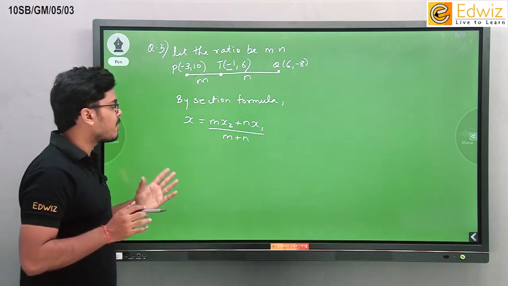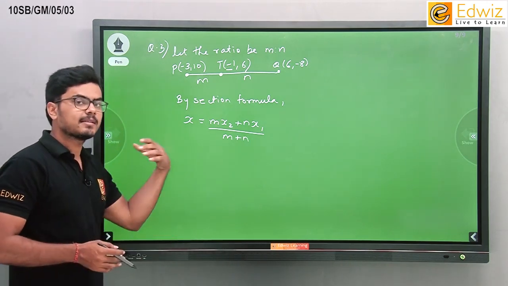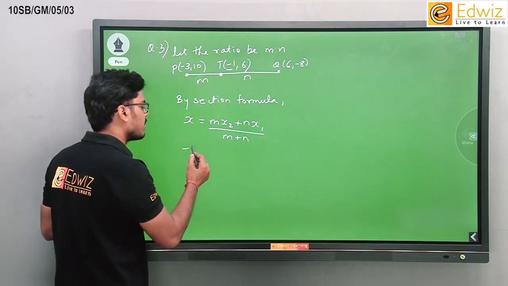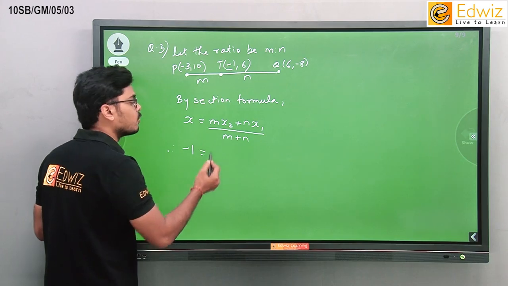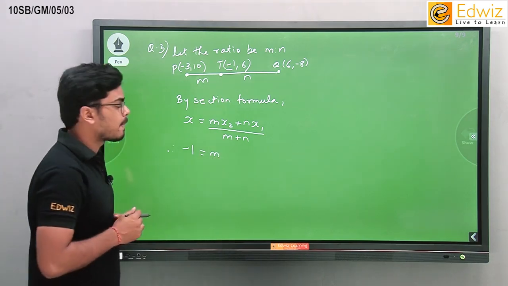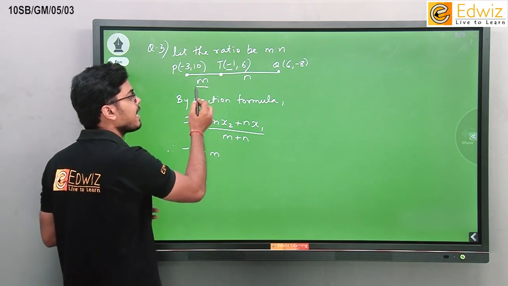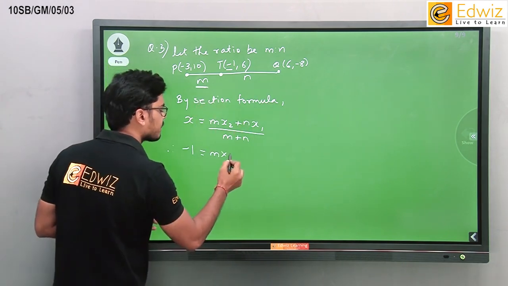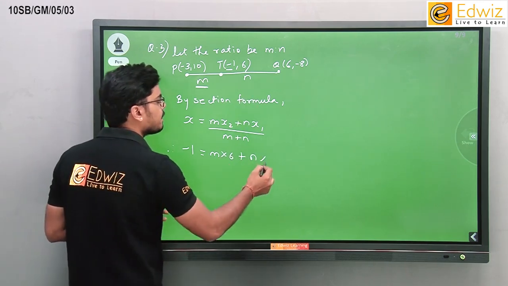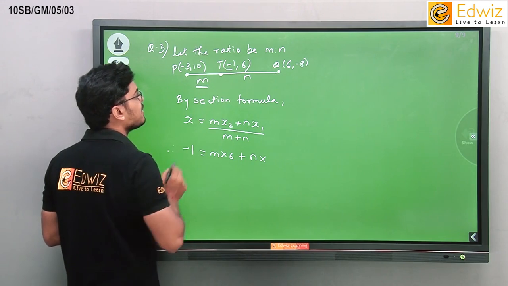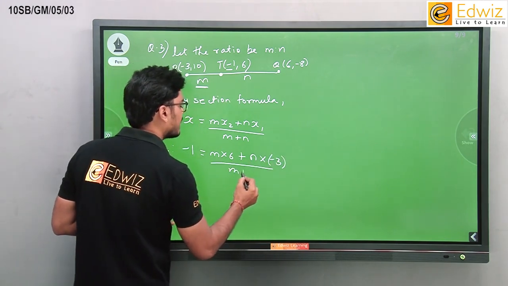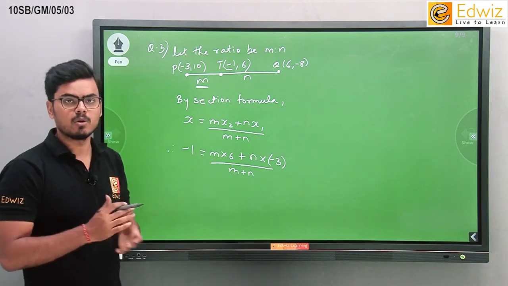Okay, now in this formula whatever is known to us we will just substitute. Okay, so x का value क्या है, -1, put it here, equal to m, we don't know yet, so we'll just write it as m, multiplied by x2. For this m, what will be x2? 6, plus n, we don't know, multiplied by the value of x1 will be minus 3, divided by m plus n, which we don't know again.